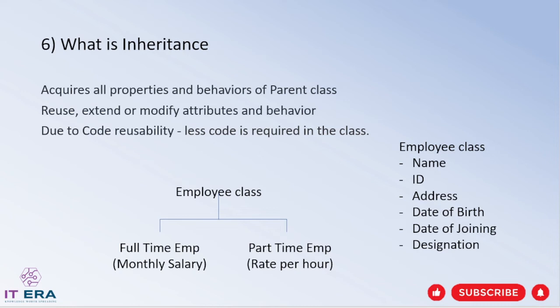So instead of declaring these fields again and again in different classes, we can create one base class as Employee, which will have all common fields and methods. Then we can inherit the full-time employee class and the part-time employee class from our base class. In such a way, we can reuse the variables and the methods. Okay, moving forward to the next question.